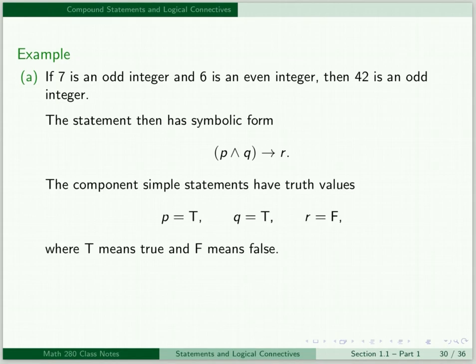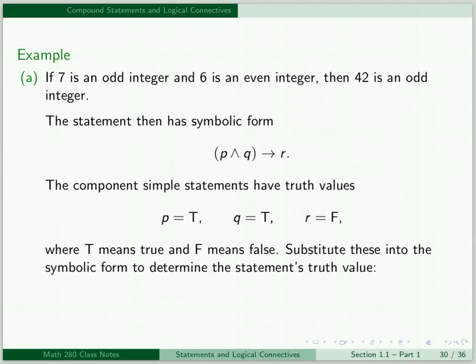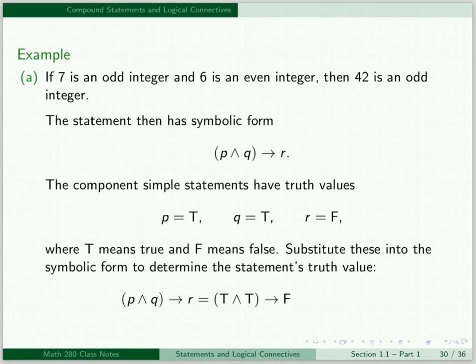Now the component simple statements have truth values: P is true, Q is true, and R is false, where T means true and F means false. Substitute these into the symbolic form to determine the statement's truth value. So P and Q implies R is going to be true and true implies false.